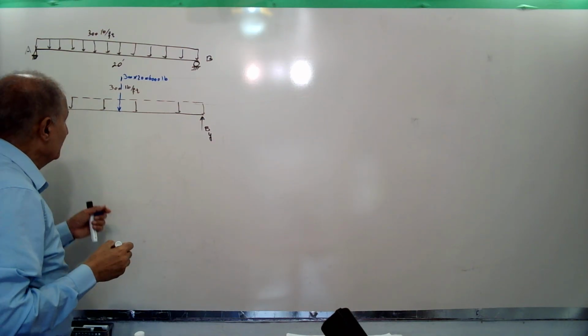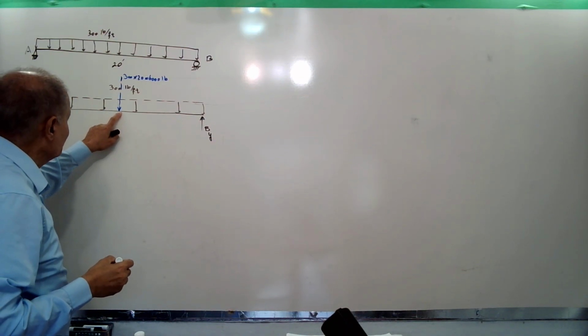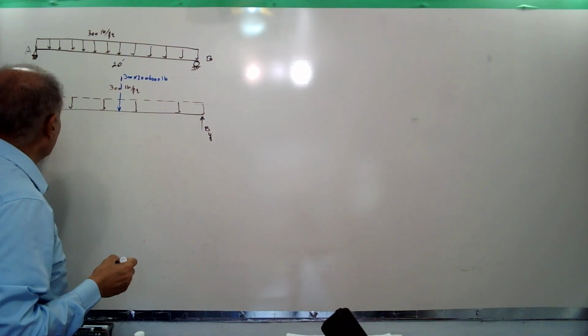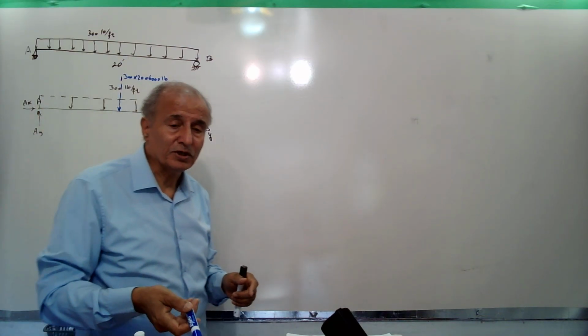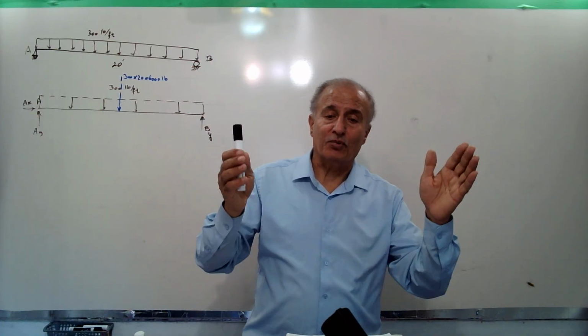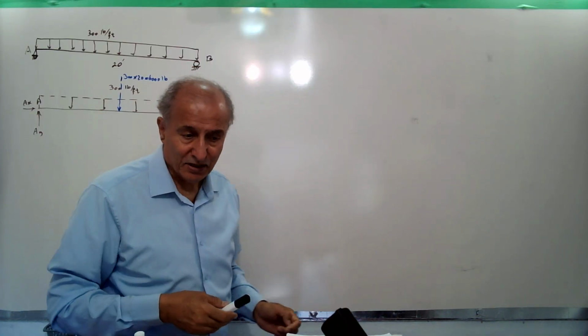Then we neglect the uniform distributed load. We have only reactions at the support and a 6,000 pound point load applied at the middle of the beam.